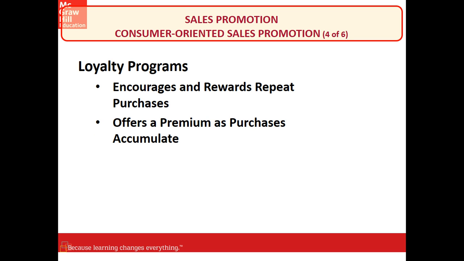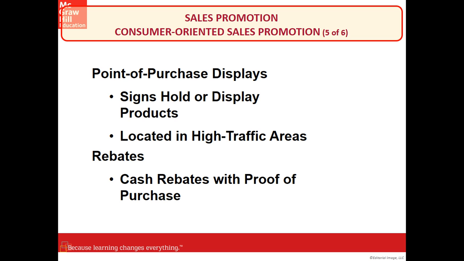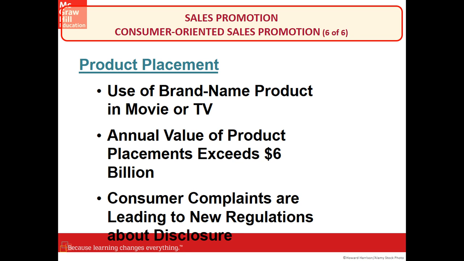Okay? Loyalty programs, you know, rewards programs, frequent flyers, frequent usage, frequent miles. Okay? There is also the sales promotion point of purchase, POP displays, signs, rebates, which is cash rebate, right? Product placement in movies or TVs. Okay?